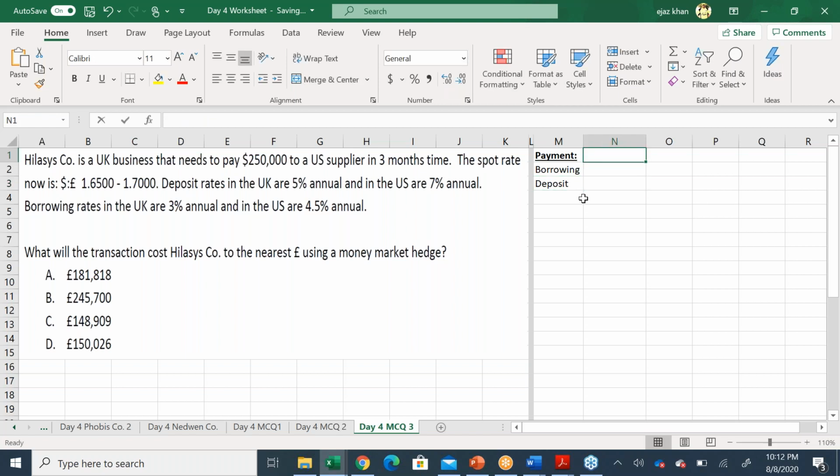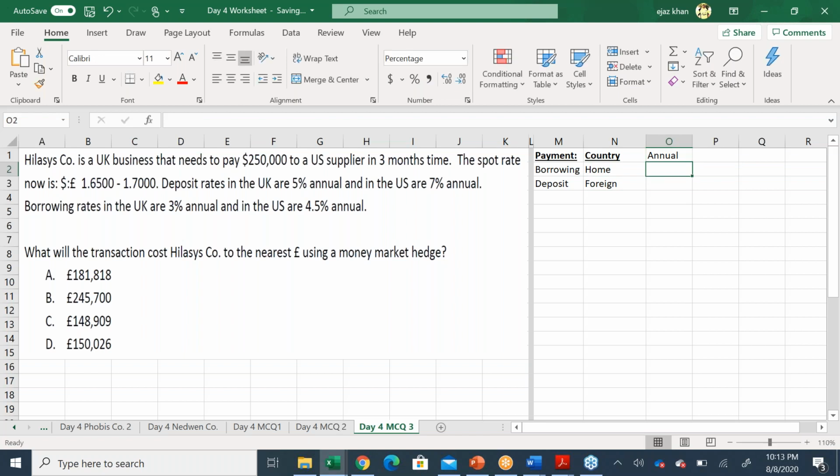In the payment case, we should have a home country here and a foreign country here. Annual rates.